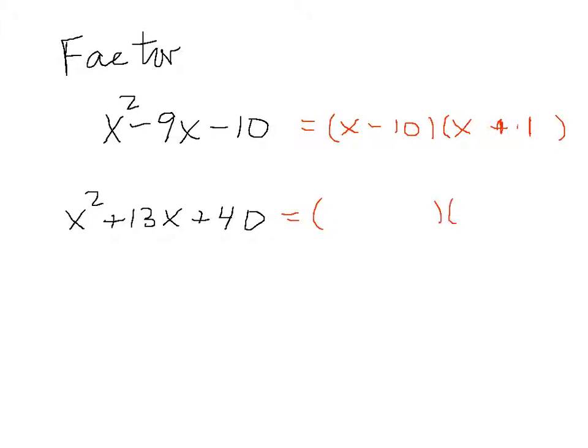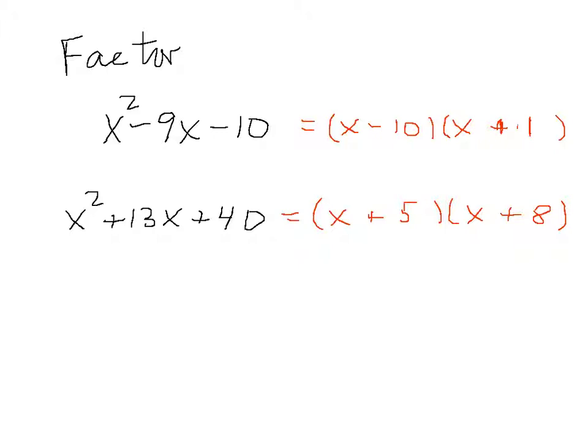So I'm going to have an x and an x, and now I want two terms which multiply to give me 40 and add to give me 13. Take a second, press pause, and see if you can come up with those two numbers. It shouldn't have taken a lot of work to see that those two numbers are plus 5 and plus 8, right? 5x and 8x give me 13x.